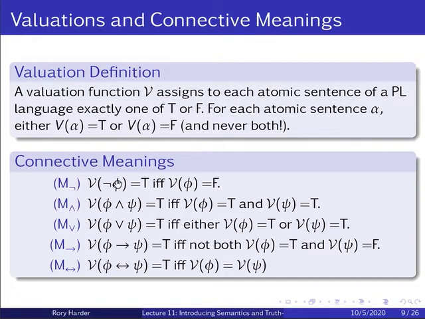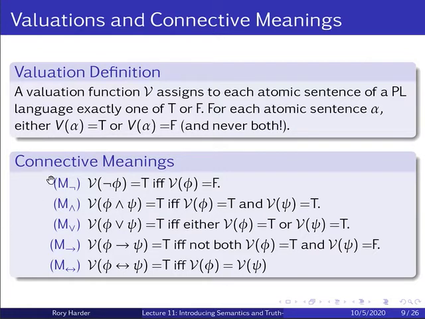So again, this rule tells us no matter how complex phi is, its negation will be assigned true just in case phi is assigned false, or similarly, no matter how complex phi and psi are, the conjunction phi and psi will be assigned true just in case both phi and psi are themselves assigned true.